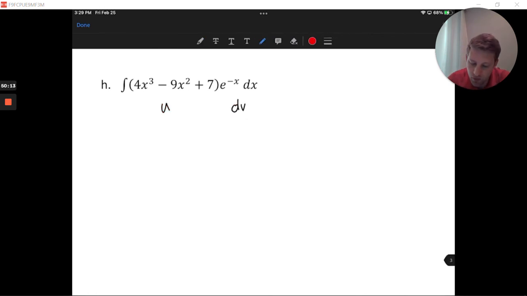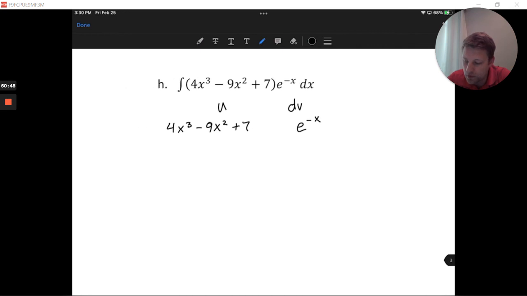So for this rule, I'm going to choose the polynomial here, 4x to the third minus 9x squared, and then the plus 7 as my u. And I'm just going to kind of list it down below, kind of like a column here. The dv ends up being just the e raised to the negative x term. And for this, I'm going to kind of leave off that dx term. We'll just kind of list the two components in the table.